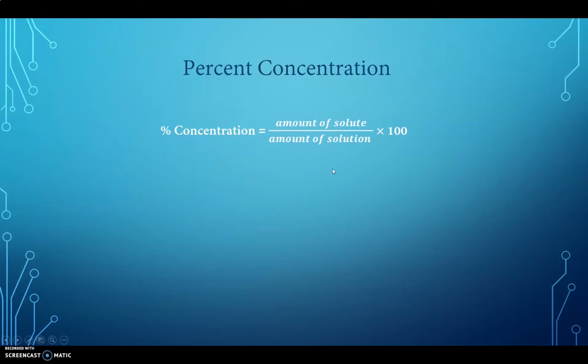So in a percent concentration, the part is the amount of solute that we have, and the whole is the amount of solution. Now we can measure the amount of these two things in different units and give us different types of percent concentrations. For example, we can do a weight volume percent. In a weight volume percent, we're measuring the solute by weight or mass, normally in grams, and we measure the volume in milliliters.